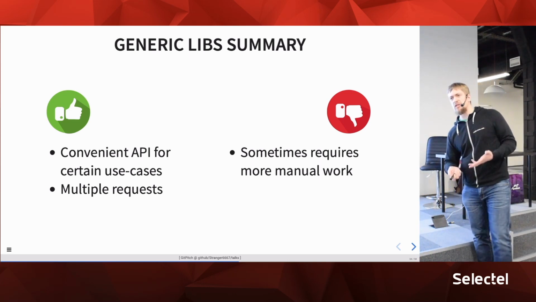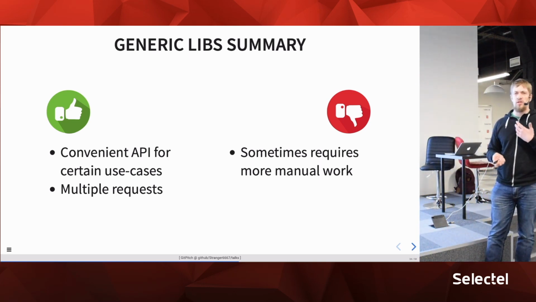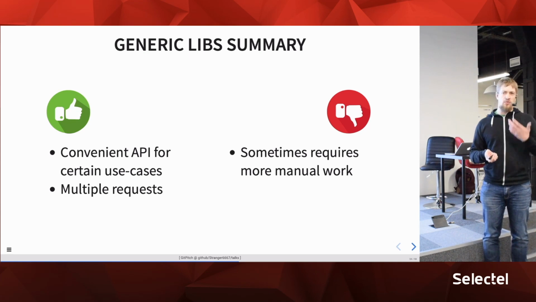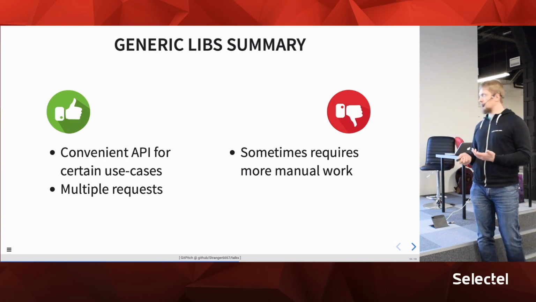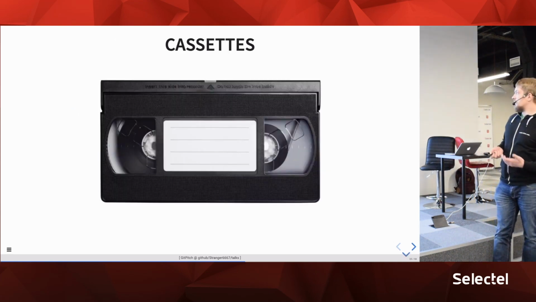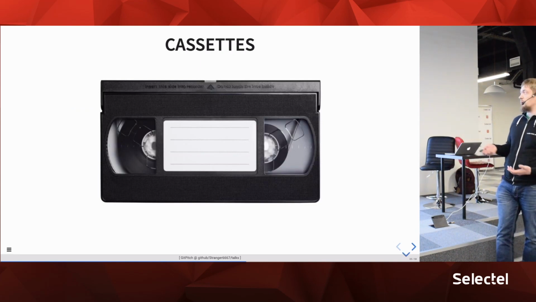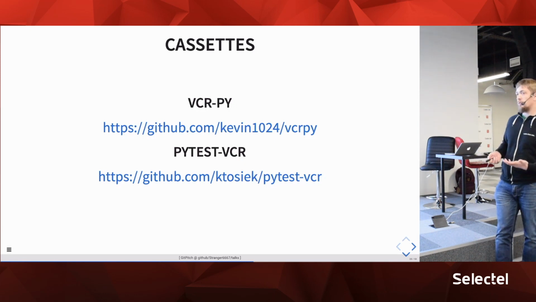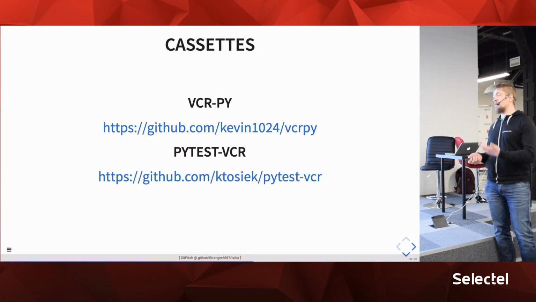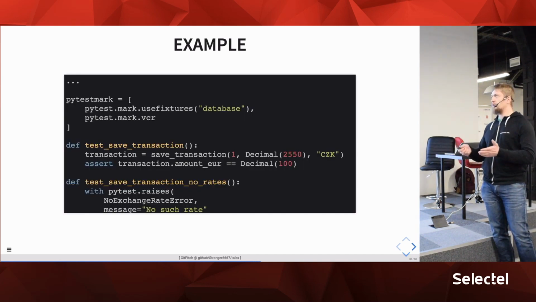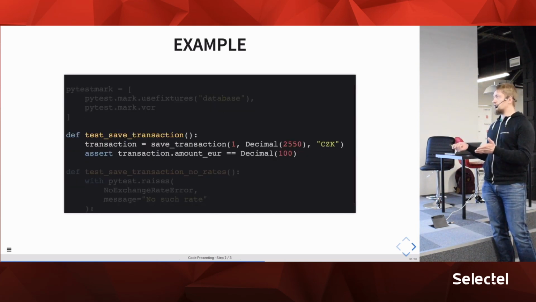So it would be nice to have something that does not require this tedious configuration process. And actually, there is an approach for it called cassettes. It came originally from Ruby, and there is a port of it to Python called VCR.py, and there is a plugin for PyTest. So basically, what you need to do is just mark your test with the VCR mark, and then just run your usual test. That's it.